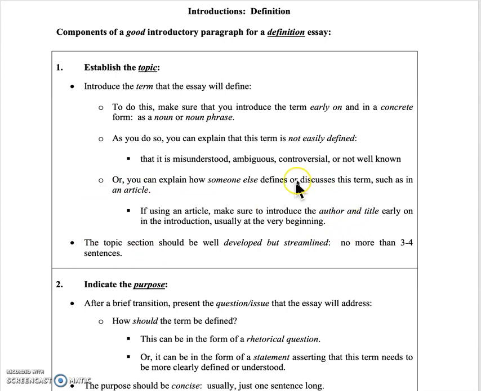So this topic section should be well developed but streamlined, no more than 3 or 4 sentences max, because we need to get to the definition. This is just explaining why we need to define the term in an extended format, and it needs to be clear what the term is at the beginning.